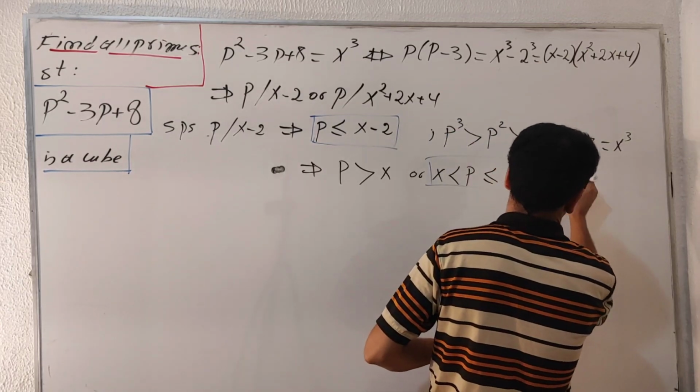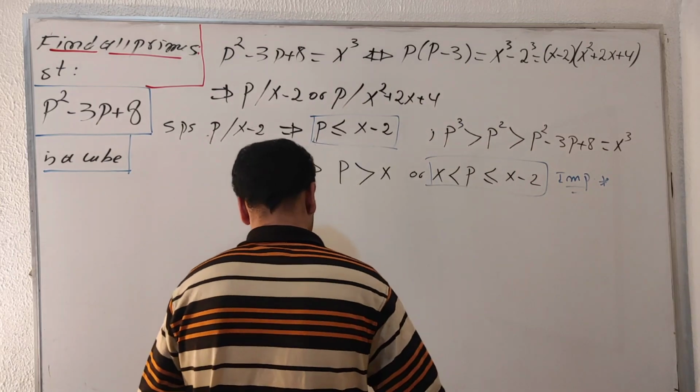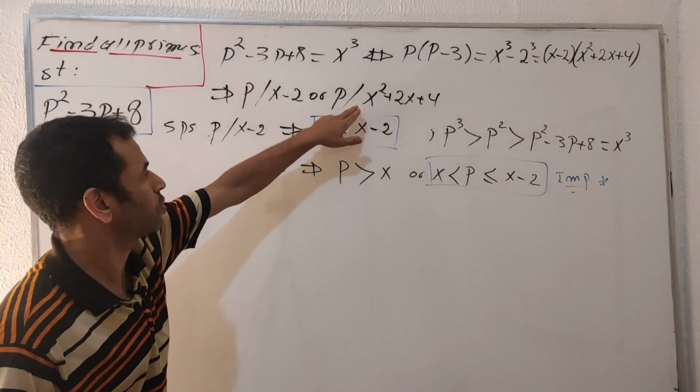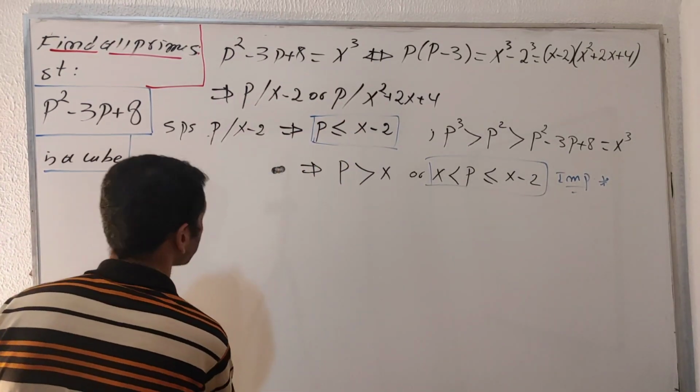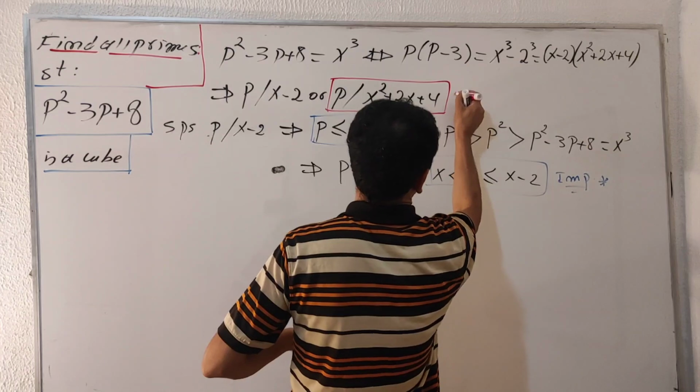Which is impossible. So if this one is impossible, which means p must divide this one. So this one is the right one. This one is true.